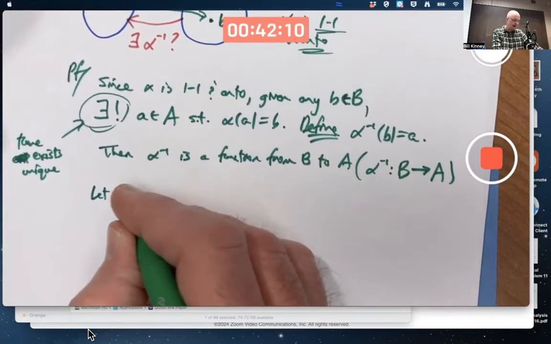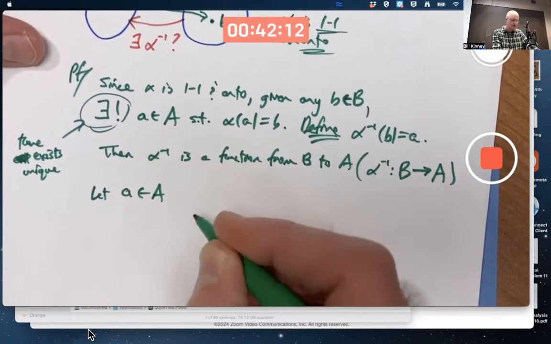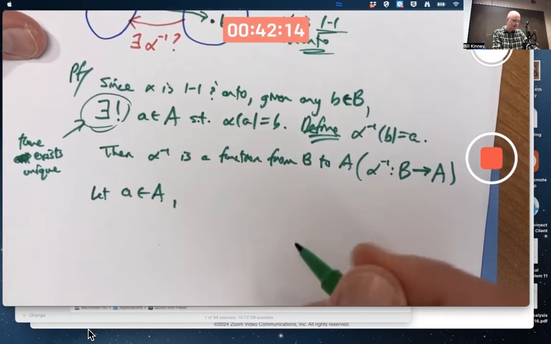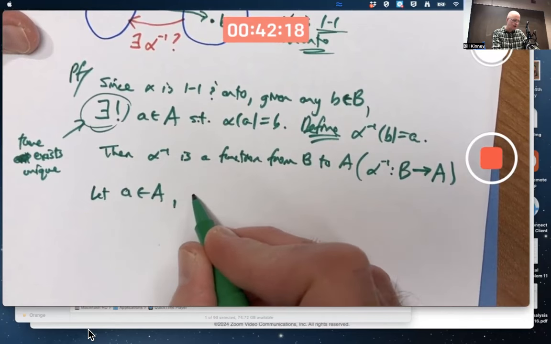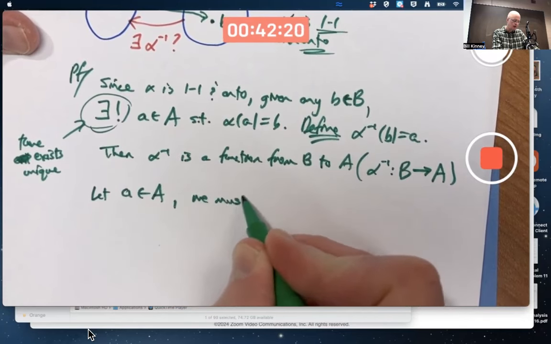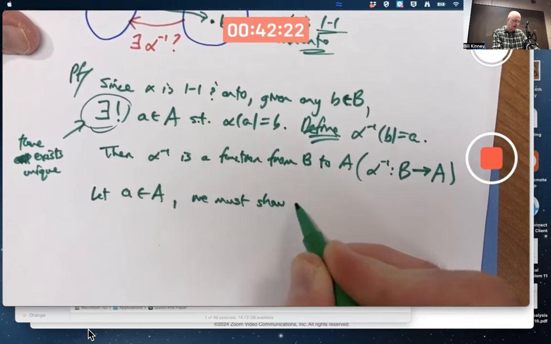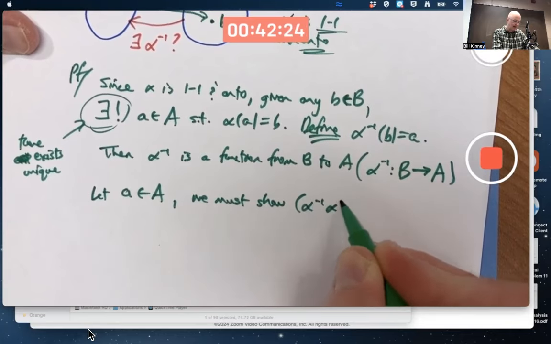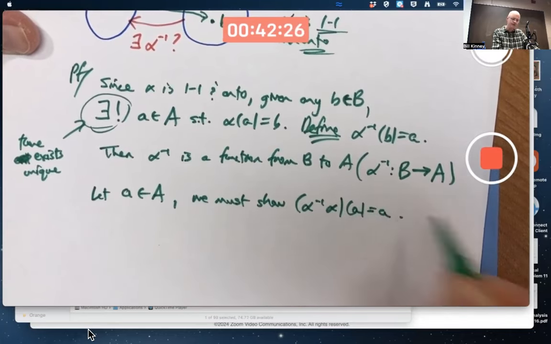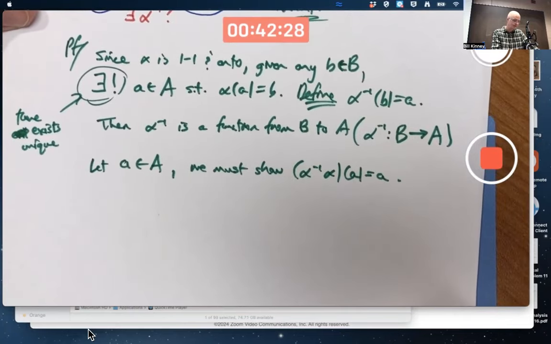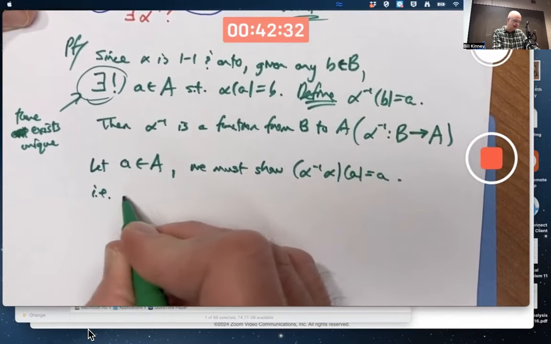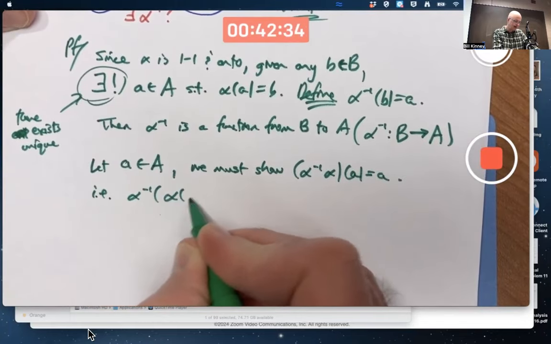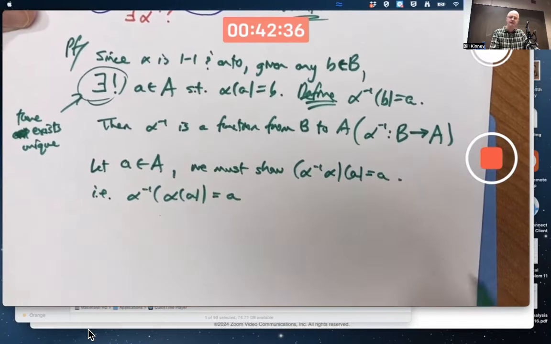Let little a be an element of capital A. We must show alpha inverse compose alpha of little a equals little a, i.e., alpha inverse of alpha of a equals little a.